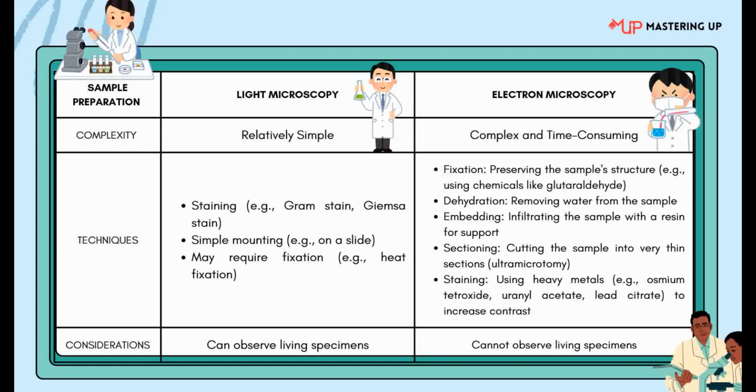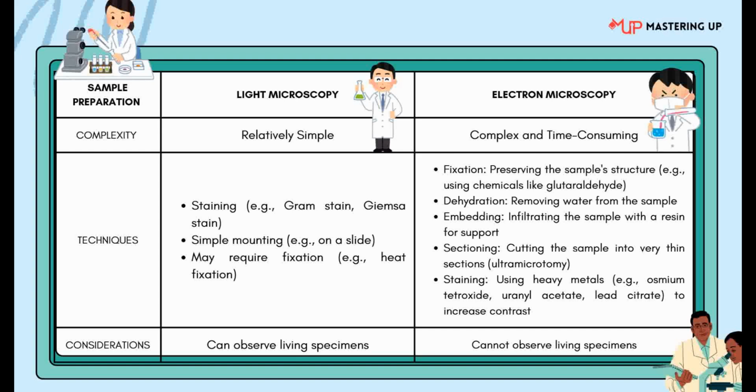Let's see the major differences in terms of sample preparation between light microscopy and electron microscopy. The complexity is relatively simple in light microscopy, while in electron microscopy, the sample preparation is complex and also time consuming.